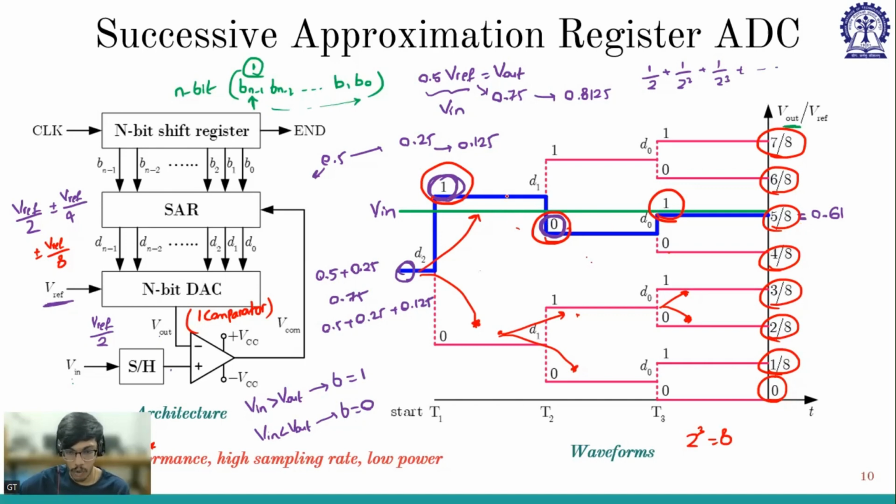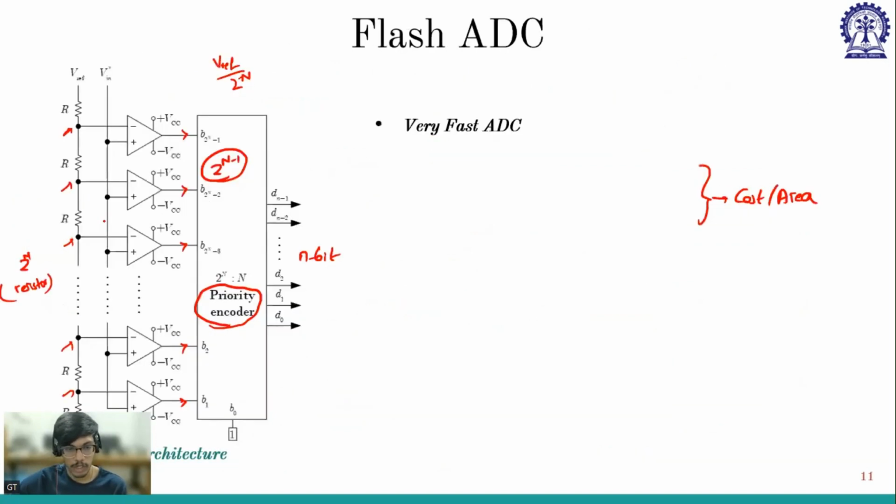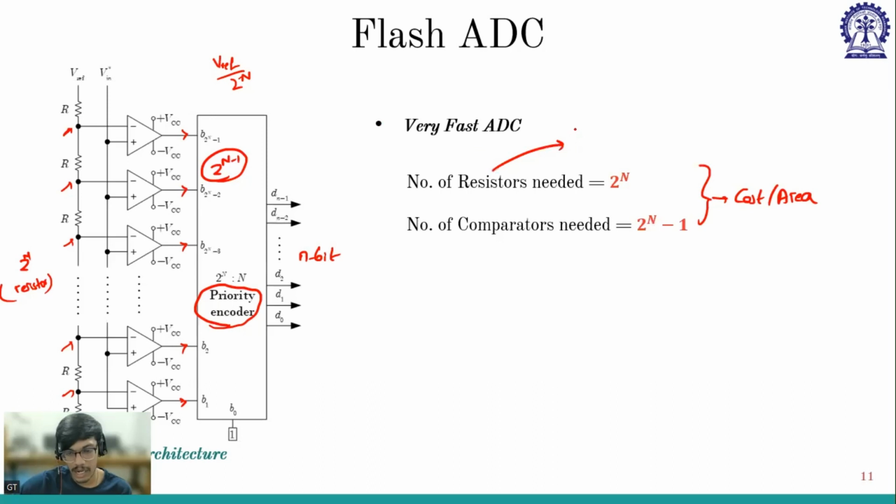Now, instead of going the binary way, they are generating these 8 values using the resistor divider. Using this resistor, they are generating the V out by V reference values, which is 2 to the power n. And then they are directly comparing using the comparator to get the bits. Now they have to decode it to n bits.